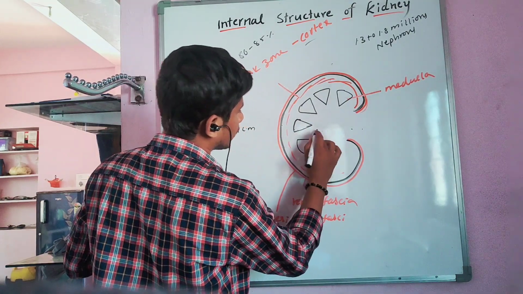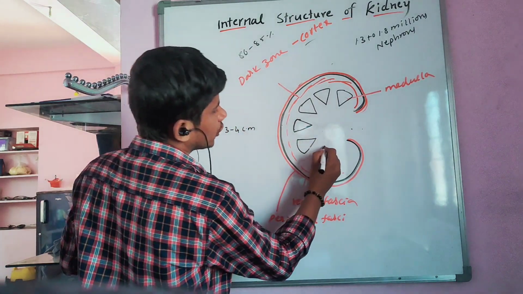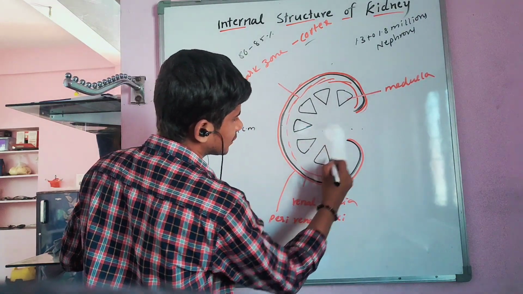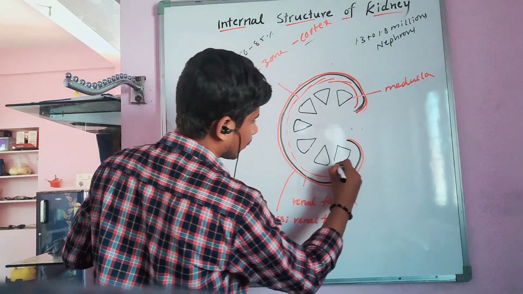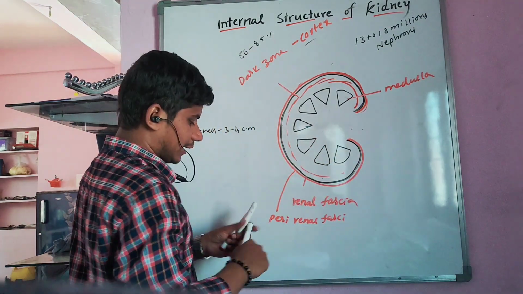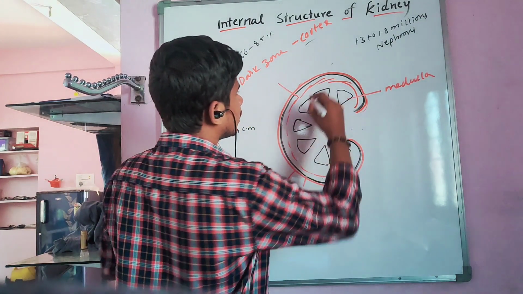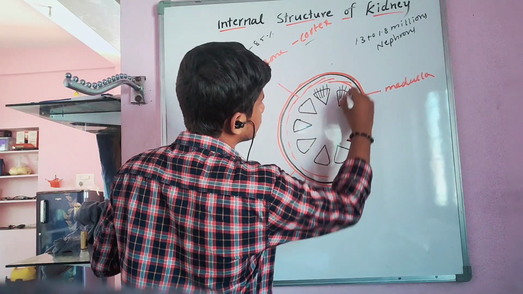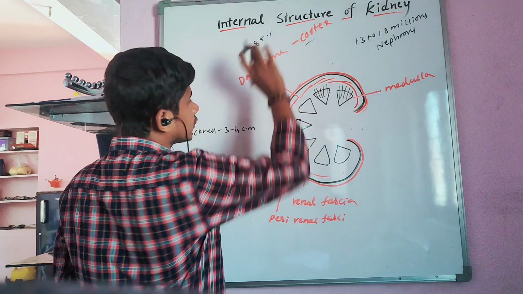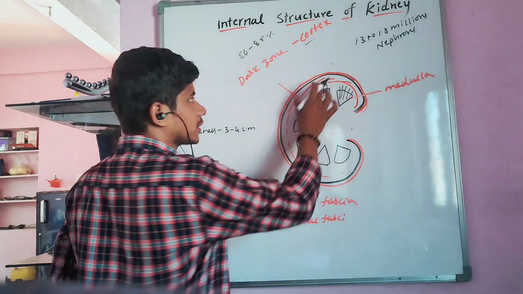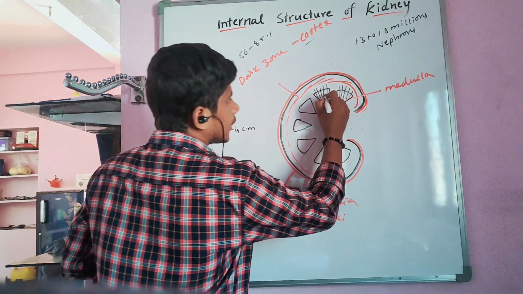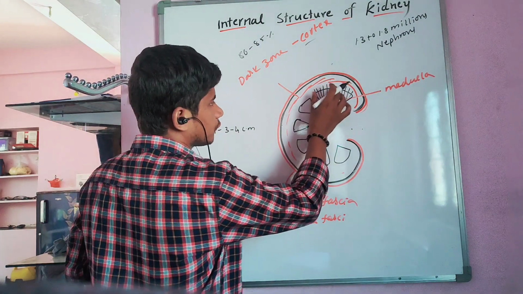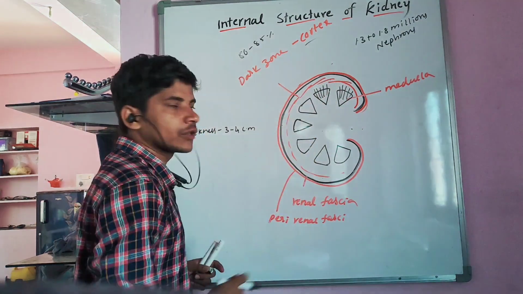Nearly 7 renal pyramids are found in a human kidney. Renal pyramids consist of the tubular part of the nephrons. So 85% of the nephrons are present in the cortex region, which makes the cortex very dark, and the remaining nephrons are found in the medullary region.